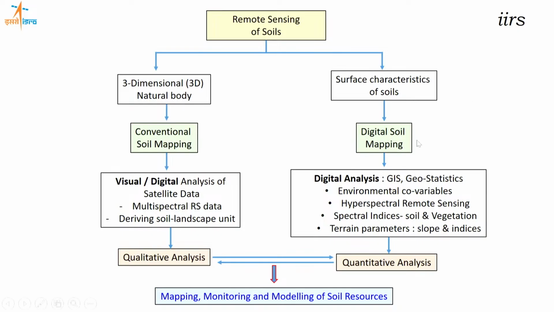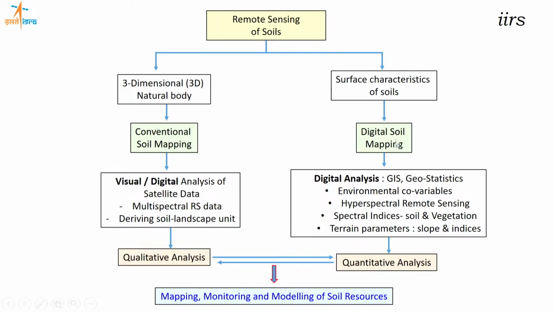Another is the digital soil mapping, where we characterize the surface characteristics only, not subsurface. Here, surface and subsurface both, but in digital soil mapping we mainly characterize the surface properties of the soil. Here we use digital techniques, and we are using hyperspectral and multispectral remote sensing.